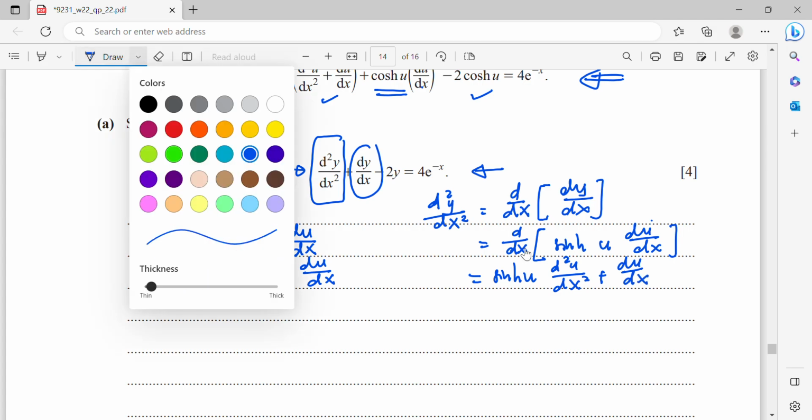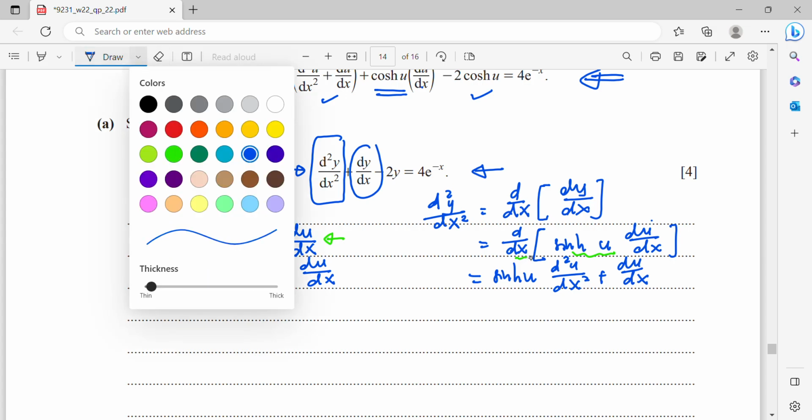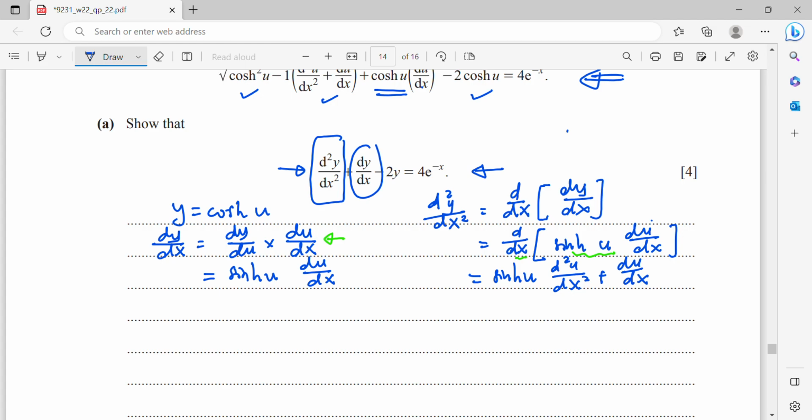But you need to differentiate sin u with respect to x, so again use the concept from dy over dx in the previous parts, which means we are going to apply the chain rule as well. So differentiate sin u to cos u, then times du over dx. Now we can simplify. d squared y over dx squared is basically sin u times d squared u over dx squared plus cos u times the square of du over dx.